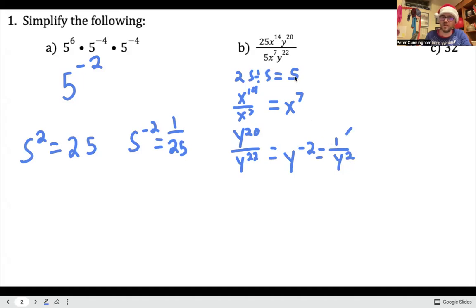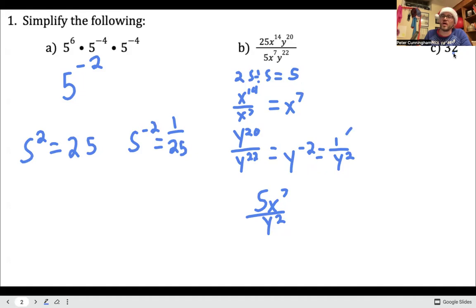Okay, so think about we have 5, we have x to the 7th, and now we have a y to the second that wants to be in the denominator. We've got 5 and x to the 7th in the numerator. If we had the 1, multiplying that all by 1 would just leave it as it is. We'd leave y to the second in the denominator.